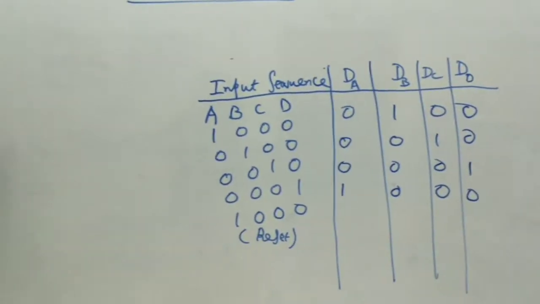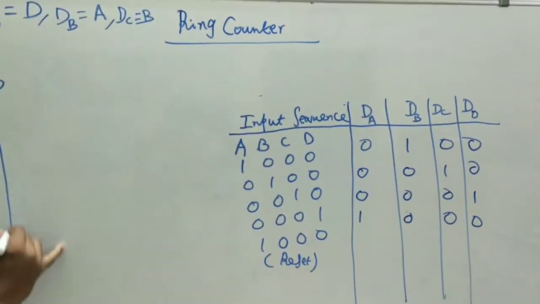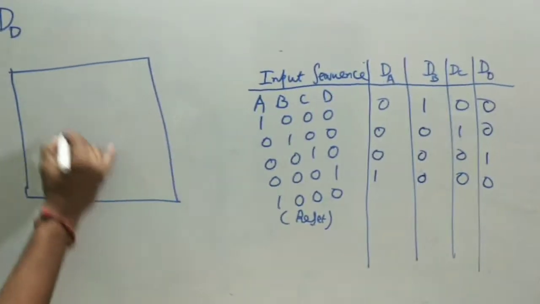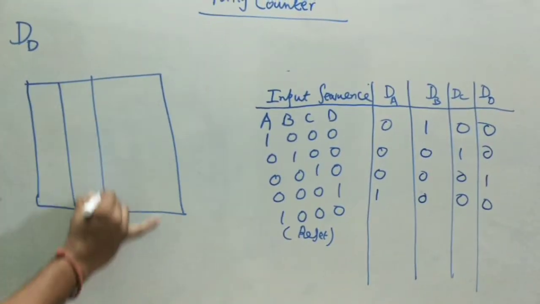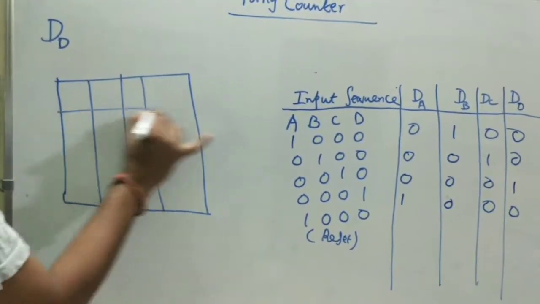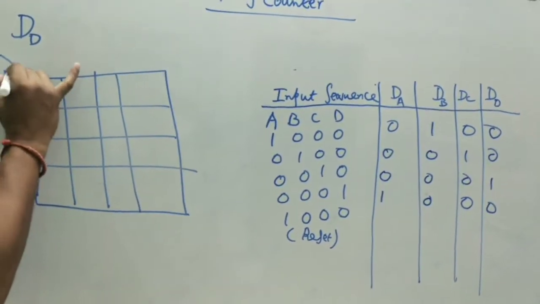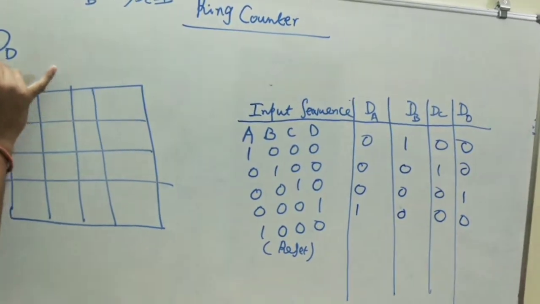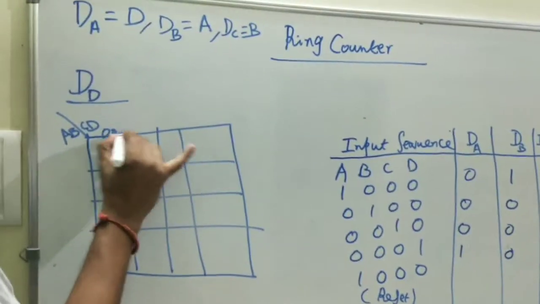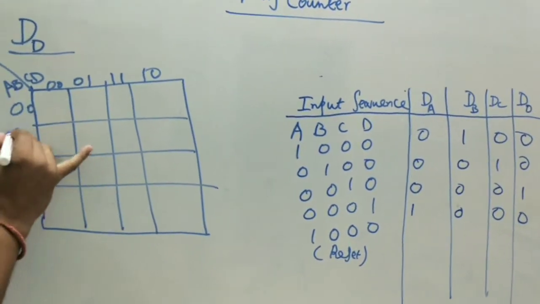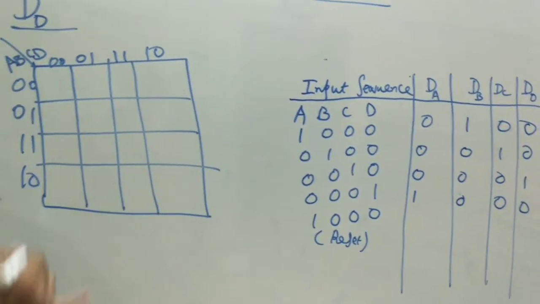Okay. AB, CD. 0, 0, 0, 1, 1, 1, 1, 0, 0, 0, 0, 1, 1, 1, 1, 0.